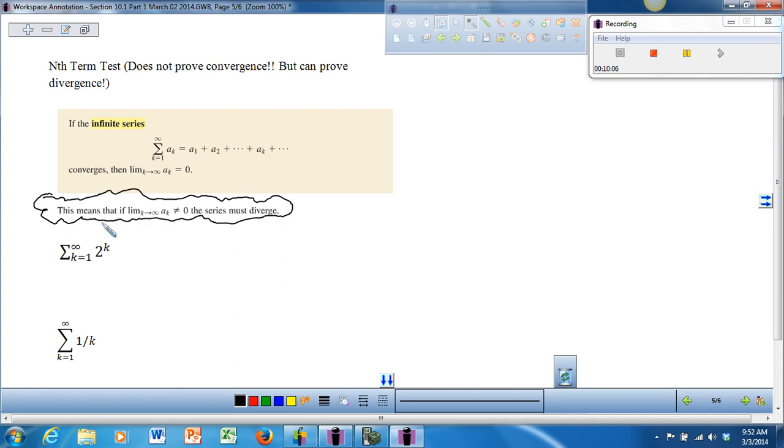So the meaningful and useful part of this idea is that if the limit as k goes to infinity of our definition, notice there's no sigma here, it's just the definition of our series, if that does not equal 0, then the series diverges.